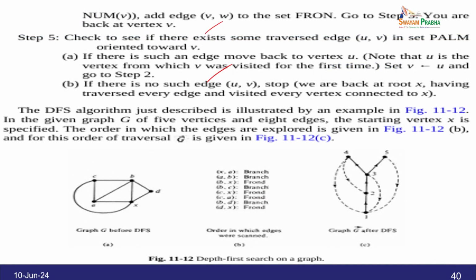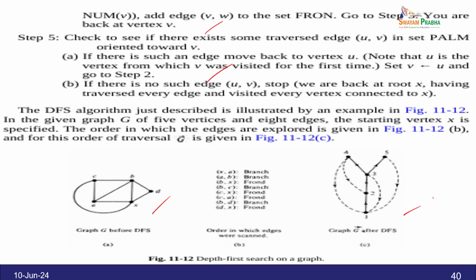Therefore, the DFS algorithm just described is illustrated in the example. This is a given graph of 5 vertices and 8 edges. The starting vertex x is specified, and the order in which the edges are explored in the given figure is a, b.